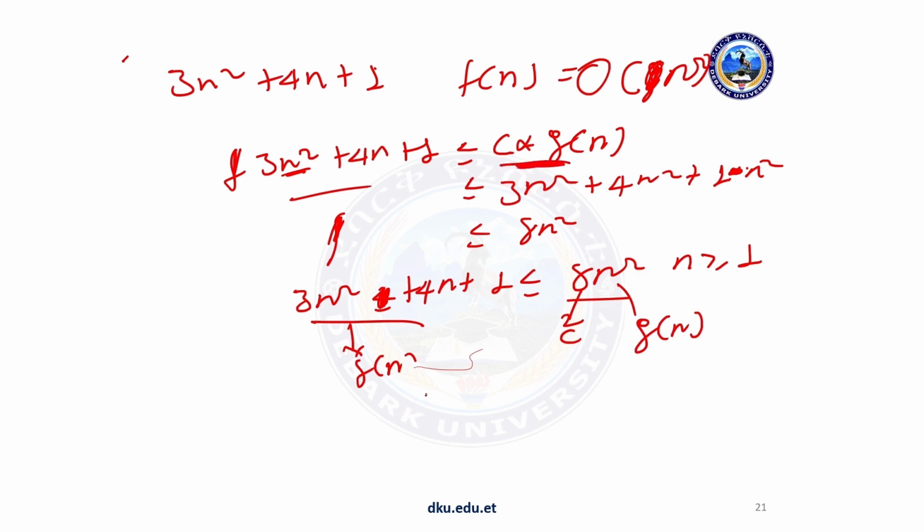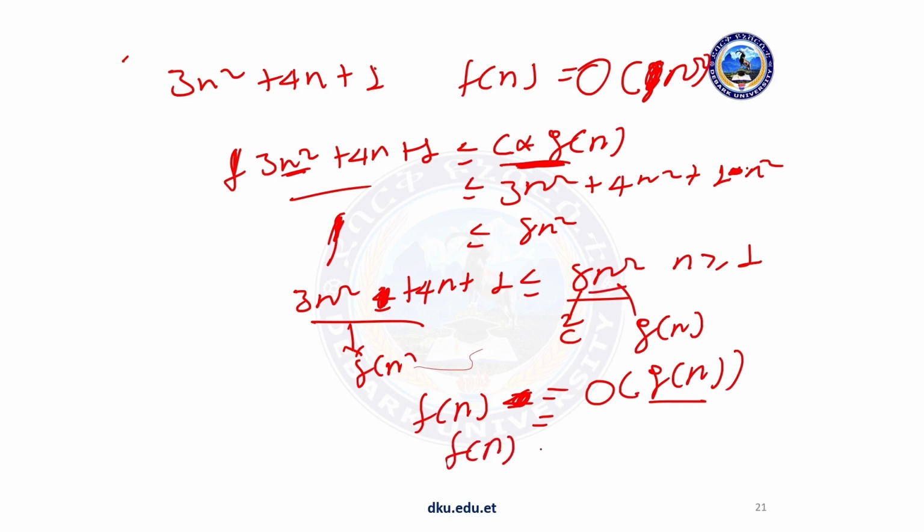So we can define f of n as big O of g of n, as in the formula of big O notation. What is the value of g of n? g of n is n square. So f of n is big O of n square.